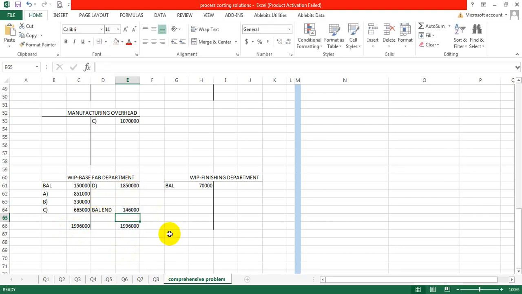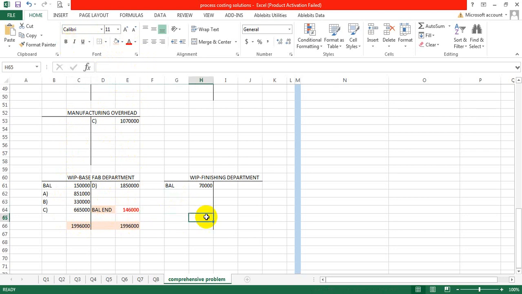So my balance is 1,46,000, right? This is my ending work in process. So we total this. Highlight the main accounts so you can easily understand what you have done or calculated, right?